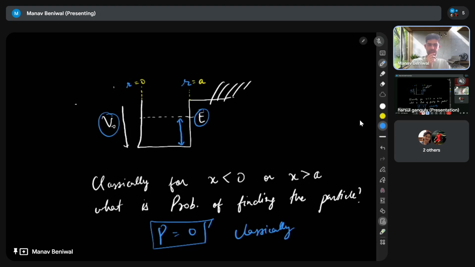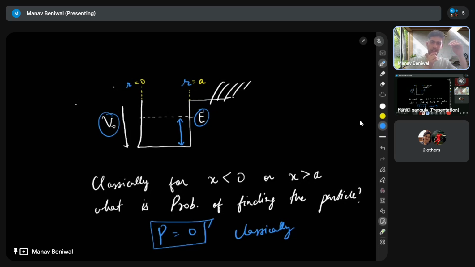Only difference is the potential well is not a perfect square well potential. It is more like a Coulomb kind of function, a Coulombic potential.